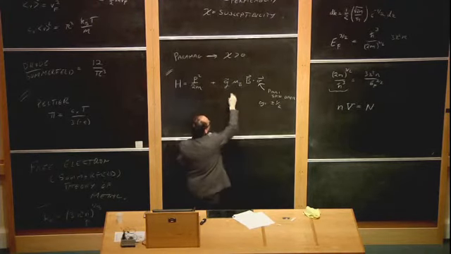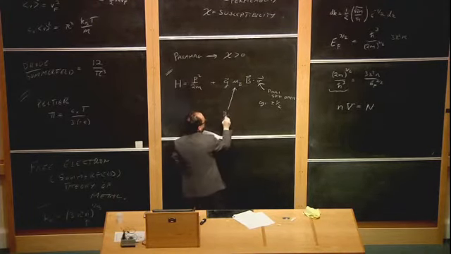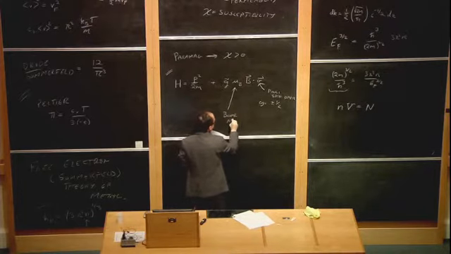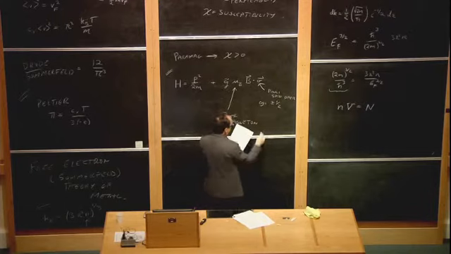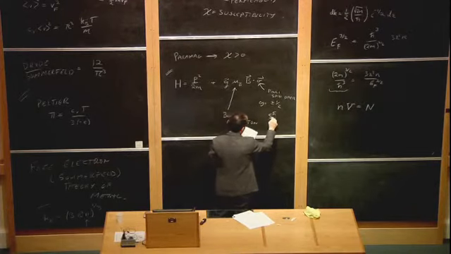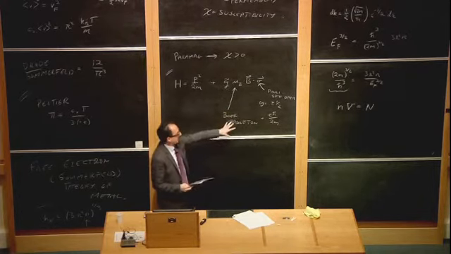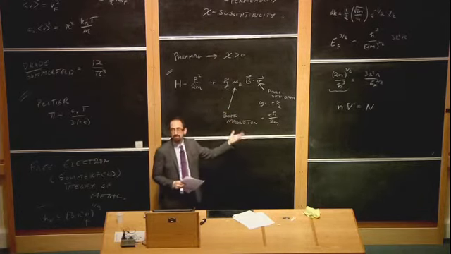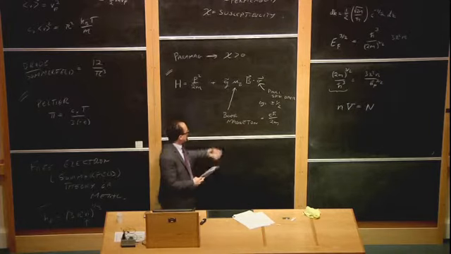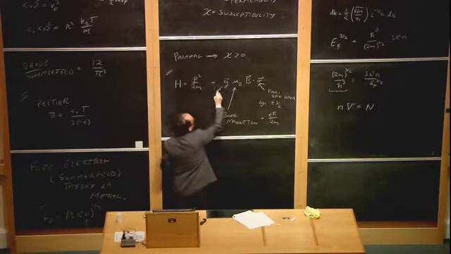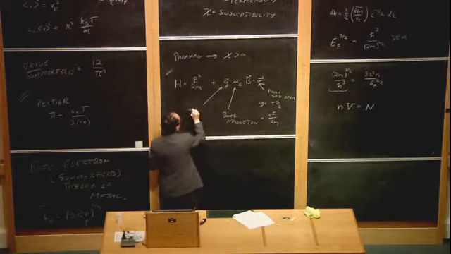B is the magnetic field. Mu here is the Bohr magneton, a fundamental constant, equal to e h bar over 2m. Numerically, it's useful to keep in mind that that number is somewhere around a Kelvin per Tesla of energy. g here is the g factor.